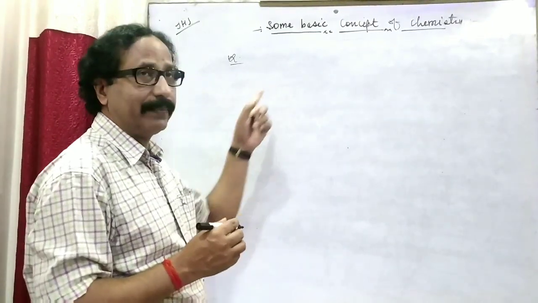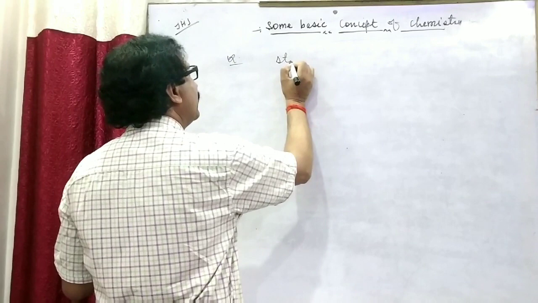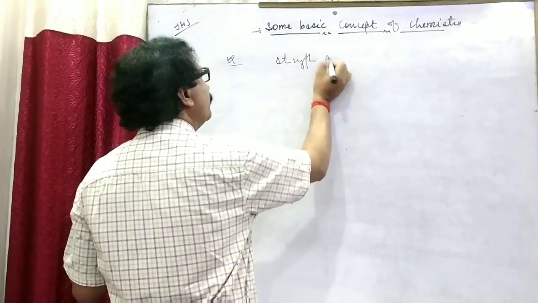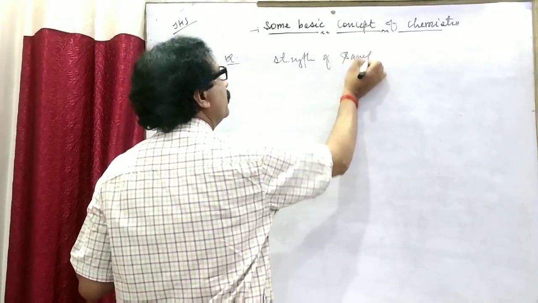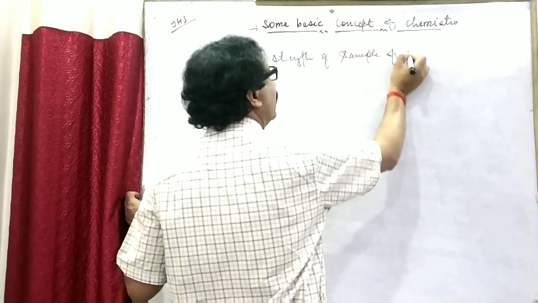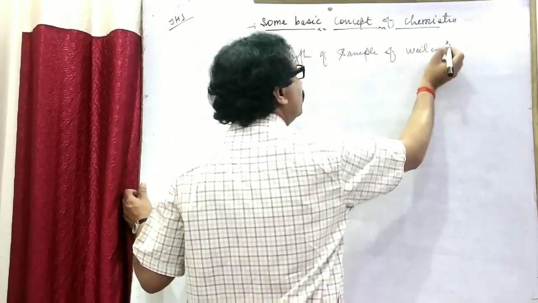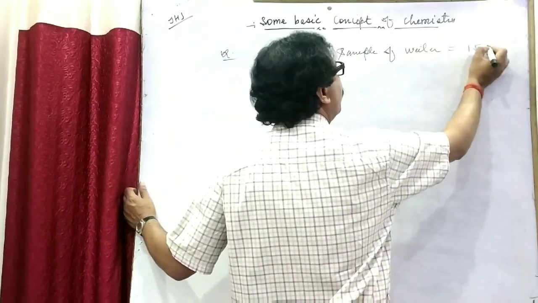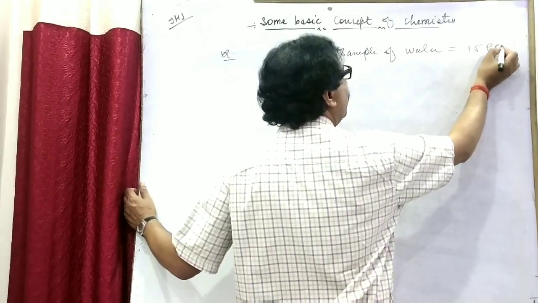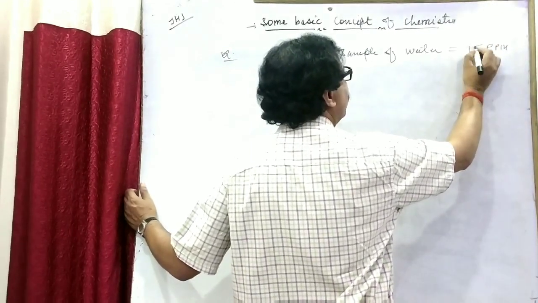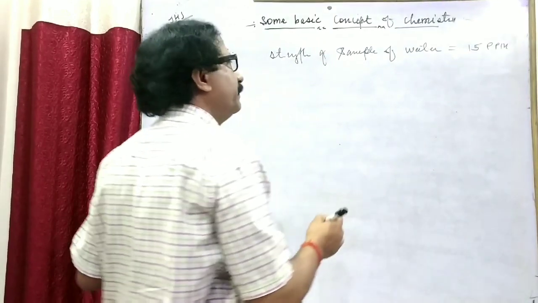Here the strength of sample of water is given as 15 ppm.